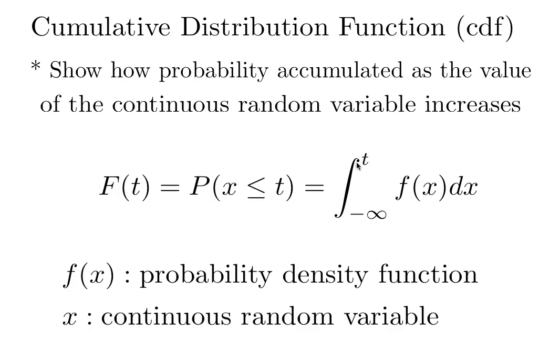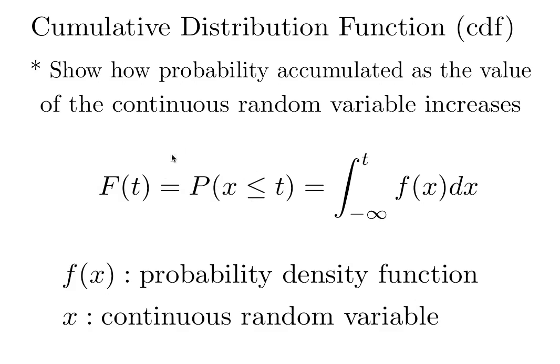In this formula, I used the variable t to avoid confusion with the random variable x of the probability density function. So basically, the CDF is capital F of t equal to the probability of x less than or equal to t. Let's say t equals 1, then F of 1 equals the probability of x less than or equal to 1.